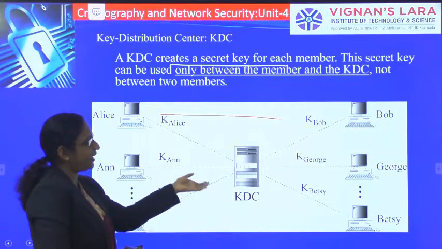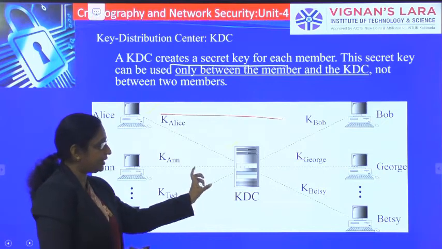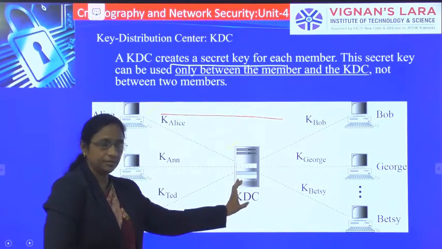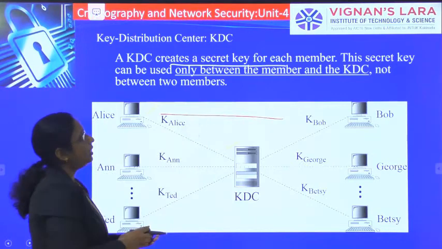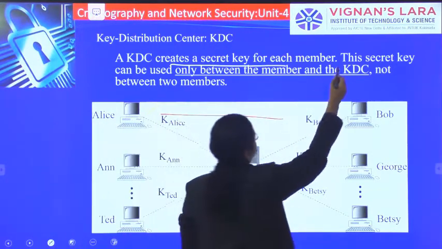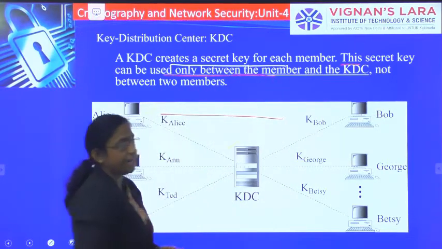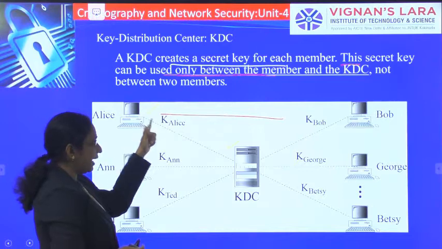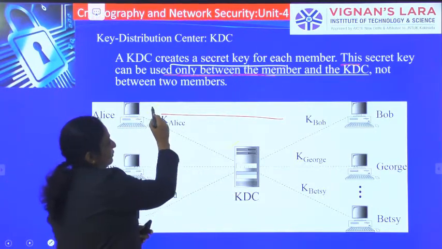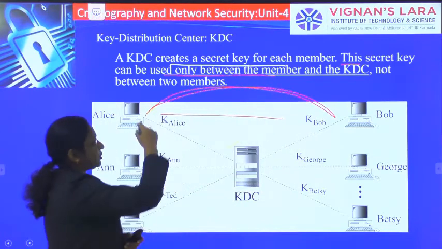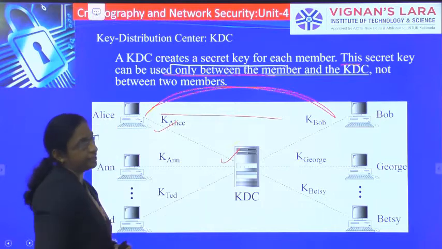In this way the KDC generates secret keys between each member and the KDC, and not between the members. This secret key can be used only between the member and the KDC, and not between two members.